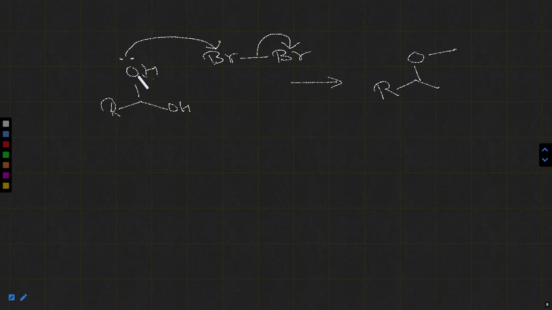Now you would say, yes sir, you have said that the energy levels should match. See, the difficulty comes when your donating species has the electron in the higher orbital and your accepting species has the electron in the lower energy orbital. But if your donating species, that is oxygen, is in the lower and your accepting species is in the higher, then things get easier, not difficult. So this will attack here.